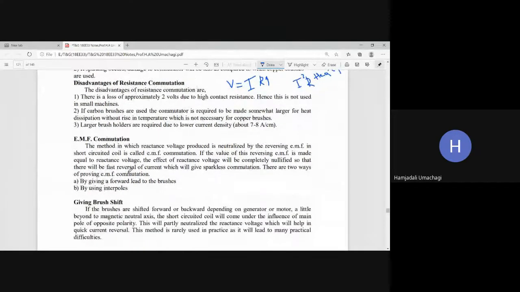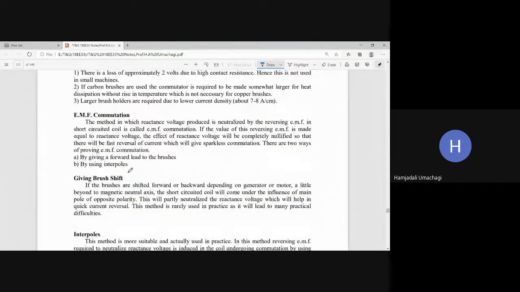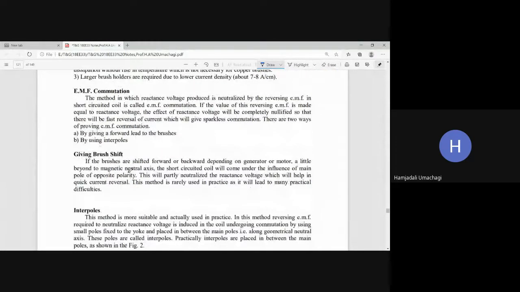Now we will move to the next concept. That is the second method of improving commutation, EMF commutation. In EMF commutation there are two methods. One is by giving brush shift and second one is by making use of interpoles. So here, as I told you, at the end of commutation you are going to observe some spark due to self-induced EMF.